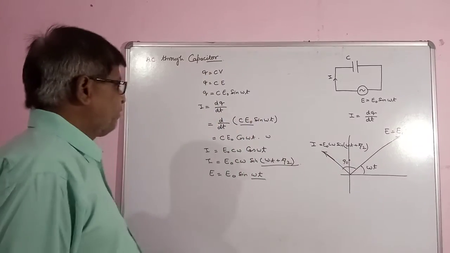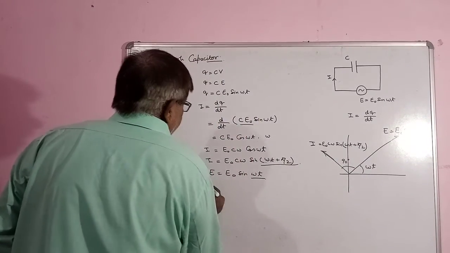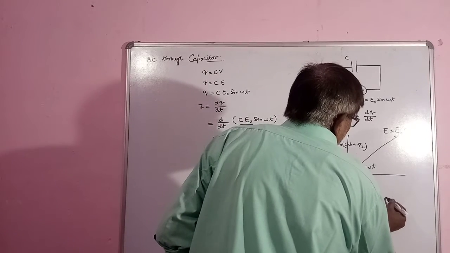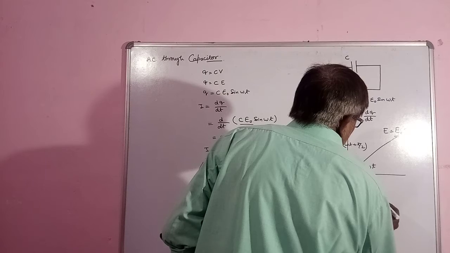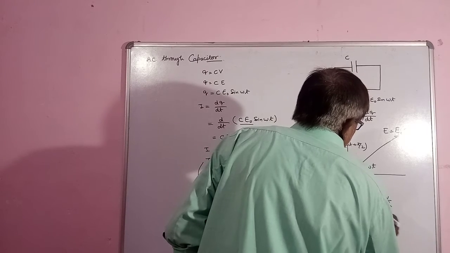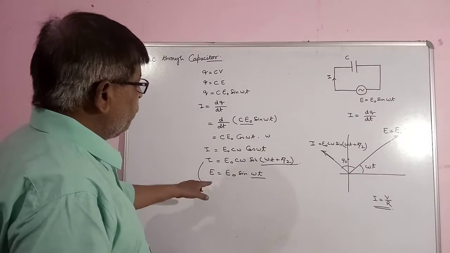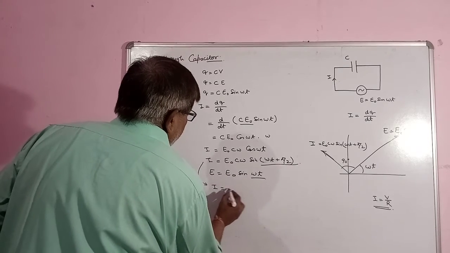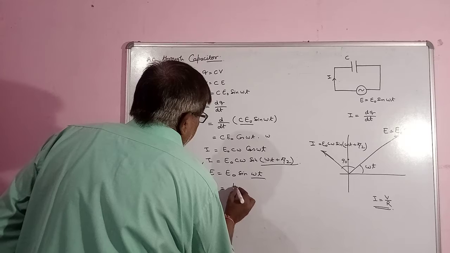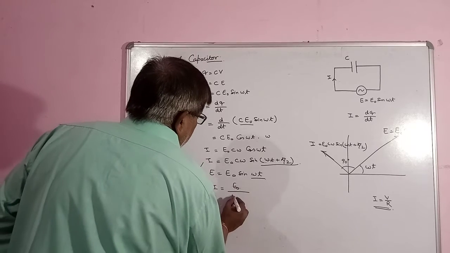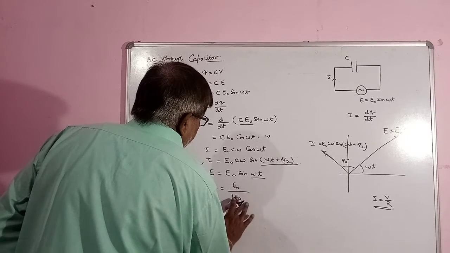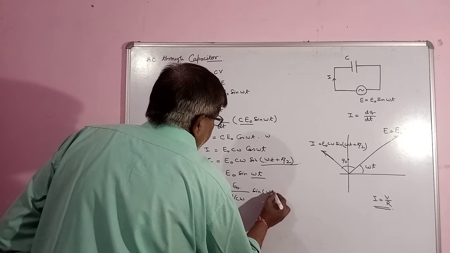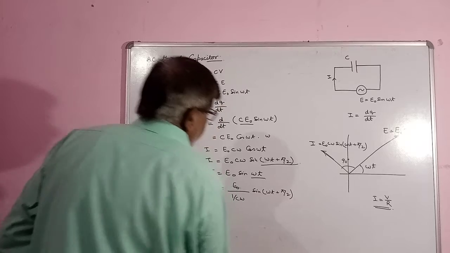Now again we can write this equation because we know the basic formula I equal to V upon R. If we want to write this equation in these terms, I equal to E naught upon 1 upon C omega, sin of omega t plus pi by 2.